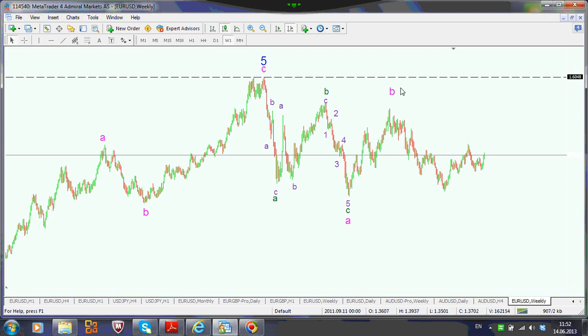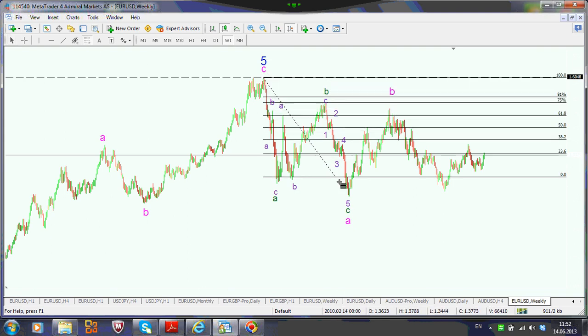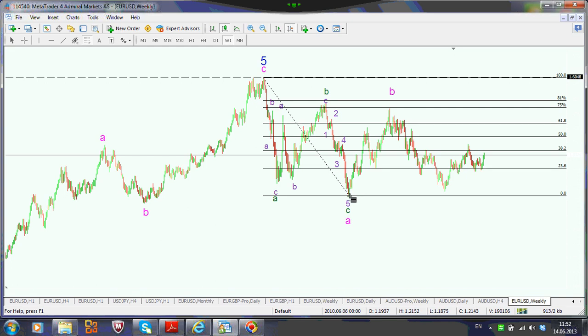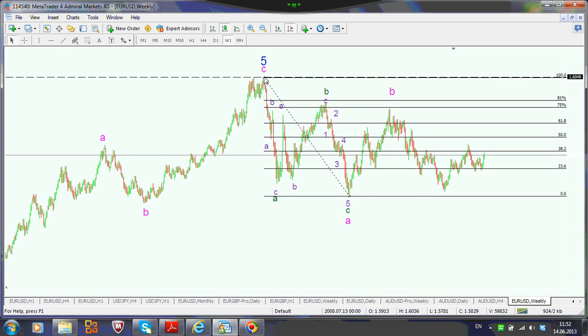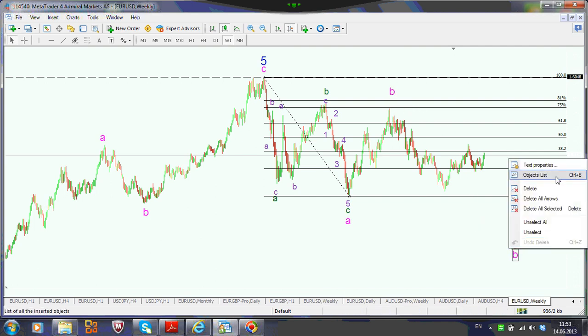Now this B wave to the upside, if you take a Fibonacci retracement tool and look at the retracement level of the B wave in relation to the A wave, you see that it is coming to the 75% retracement level, anyway higher than 61.8. If you measure right from the top here, it is not 75% but higher than 61.8, and that makes the case that we have a flat scenario for this A, B, and then C, because we are looking for a C wave, pink, to the downside.